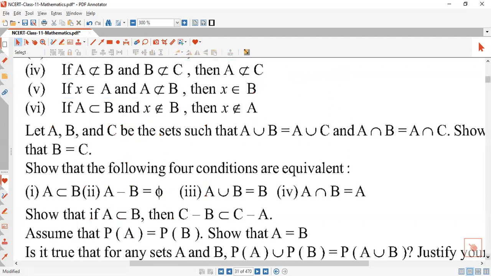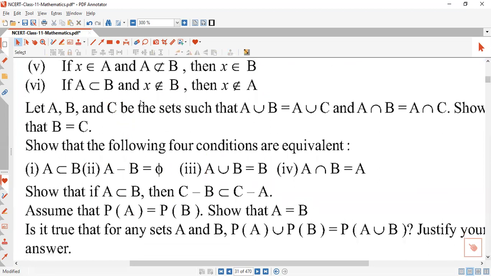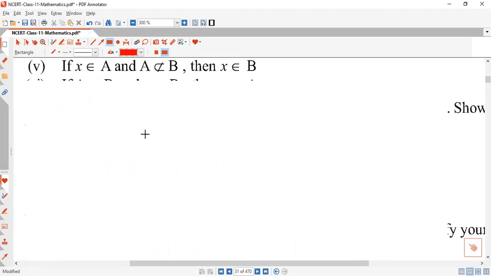Now, we want to do part number 5. See, X is an element of set A, and A is not a subset of B. Then X belongs to B. So X belongs to A, and A is not a subset of B. So this is true, X is an element of set A, right?